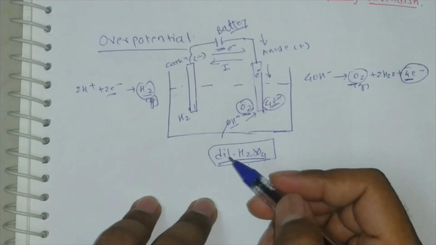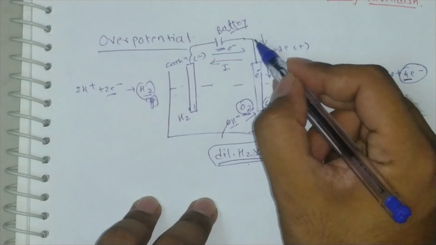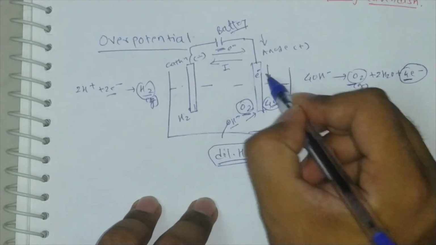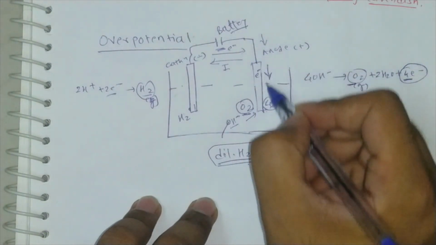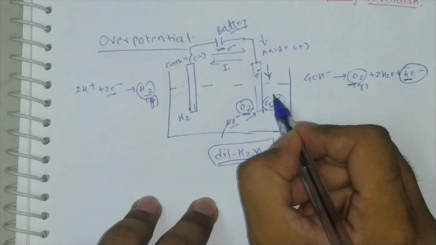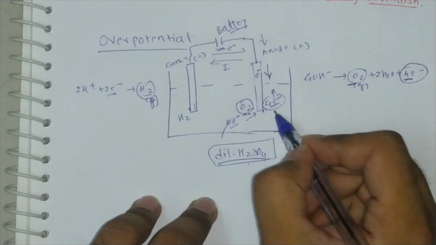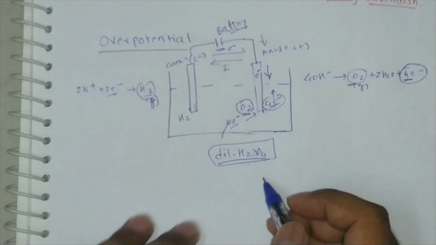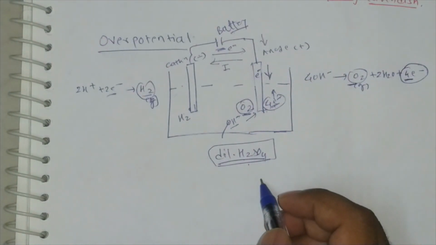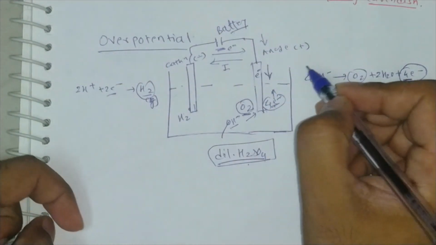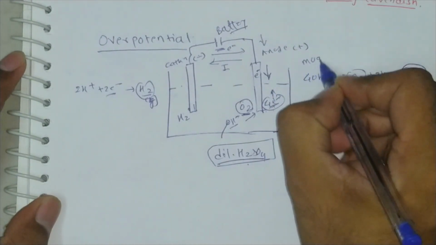Actually what should happen? The electrons are coming from the battery in this direction, and electrons are also generated here. So the electrons generated and the electrons coming in this direction oppose each other, due to which the intensity or magnitude of current gets decreased.